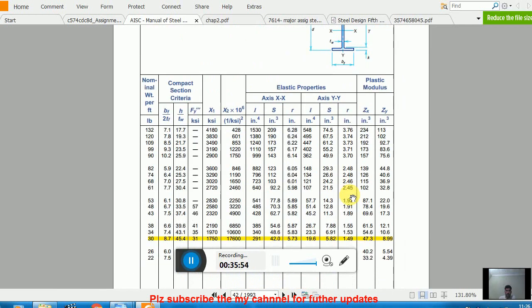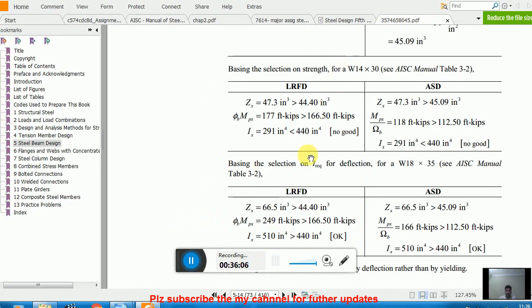Its IX is basically 291. Yes, 291, sorry, I was looking at this one. There you see 291, which is less than 440.